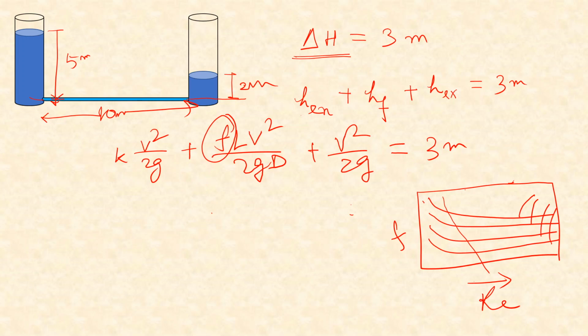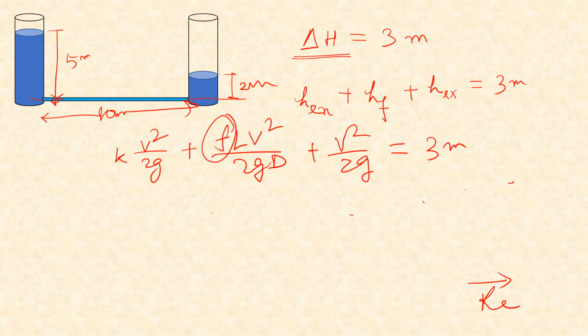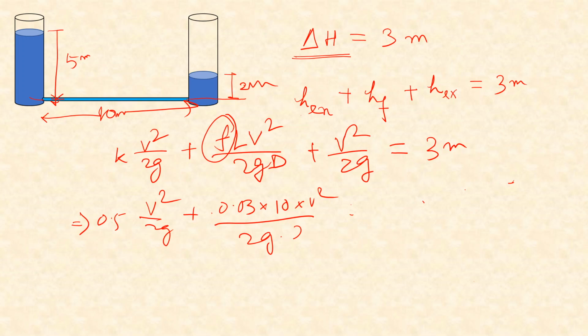So what we can simply do is now put all these values. So K is 0.5, then V square by 2g plus 0.03 into 10 meter into V square divided by 2g into 0.025 plus again V square by 2g is equal to 3 meter.